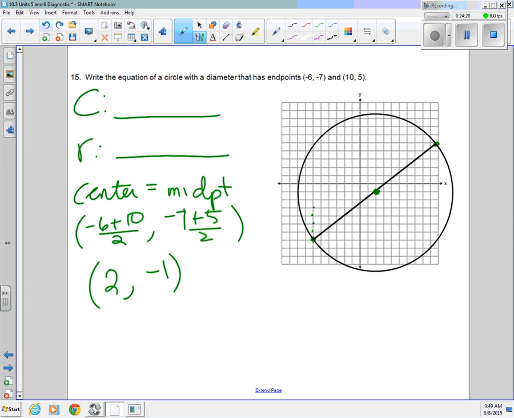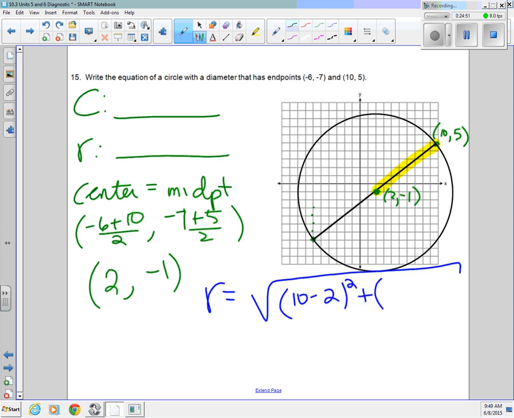If you draw a pretty accurate sketch of this, you'll see that pretty well. Now the radius I can get a few ways. I'm actually going to get the radius directly by taking 10, 5, and 2, negative 1 and finding the distance between them. So my radius is the square root, we use the distance formula, of x2 minus x1, that's 10 minus 2 squared, plus y2 minus y1, which is 5 minus negative 1 squared.